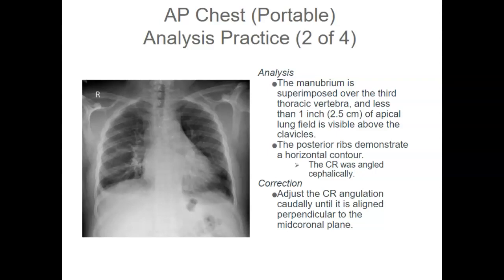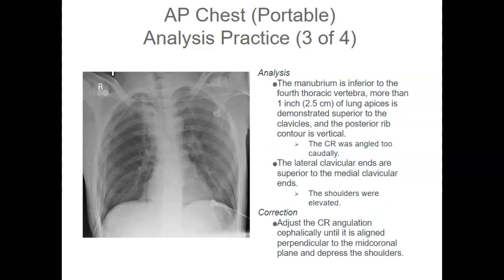We have again here a central ray angulation problem. In order to correct this, we need to adjust the central ray angulation caudally until it is aligned perpendicular, I'm sorry, with the IR. The central ray here was angled too cephalically.